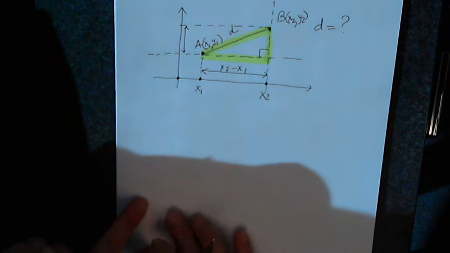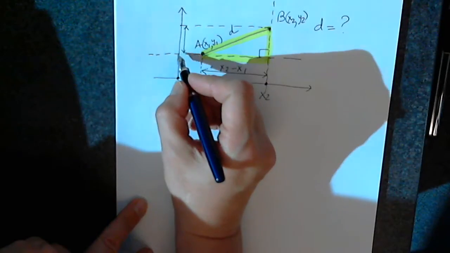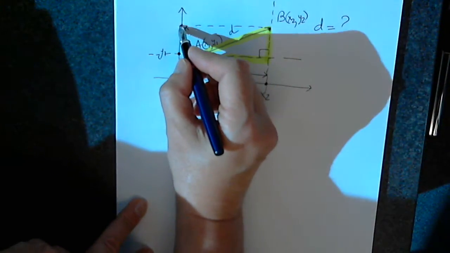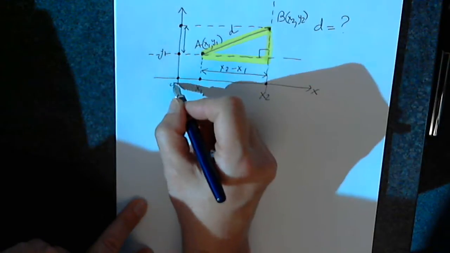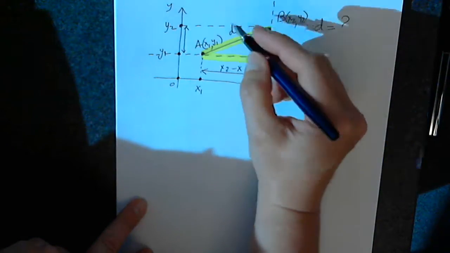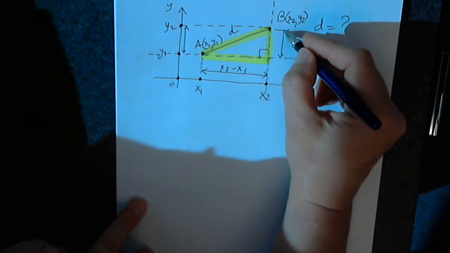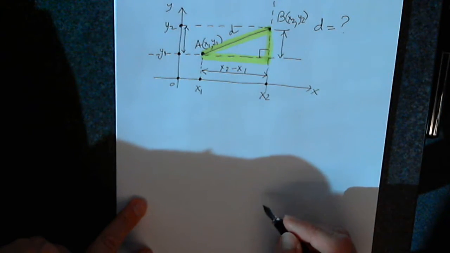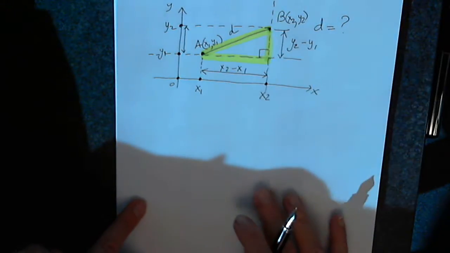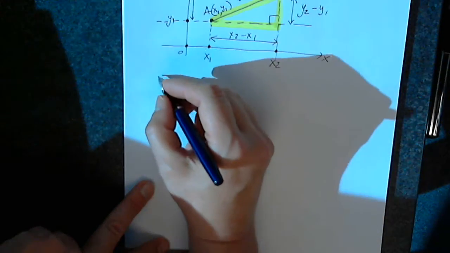Very good. So can anyone give us this distance, which is the length of the other leg? y2 minus y1. Perfect.